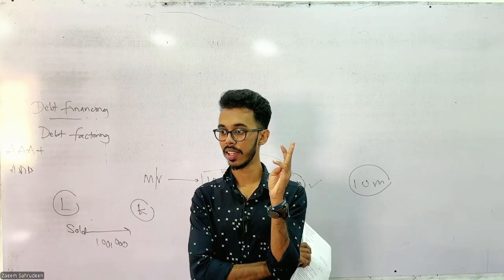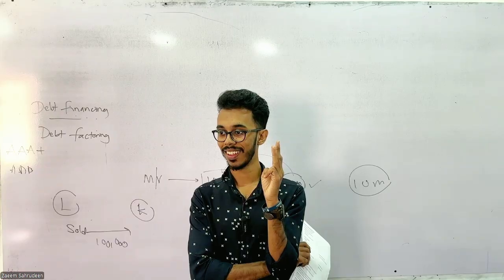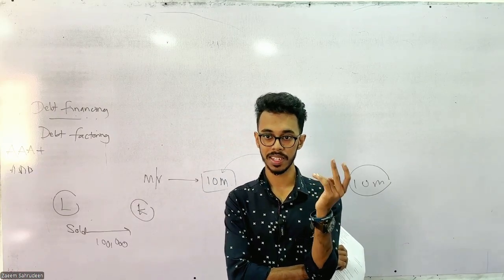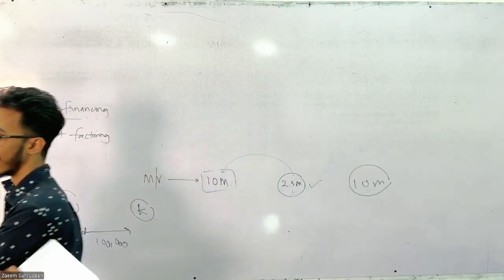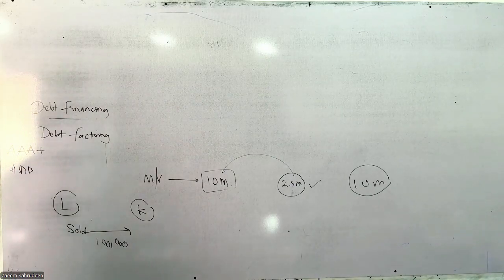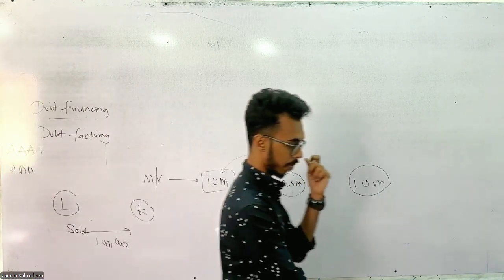Commercial papers. Debentures, treasury bills, treasury bonds, commercial papers. Those are some debt instruments used by the companies.